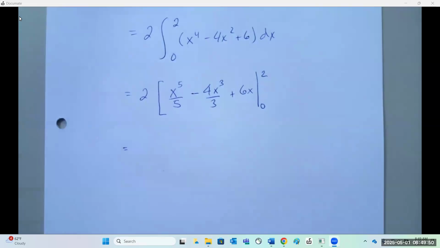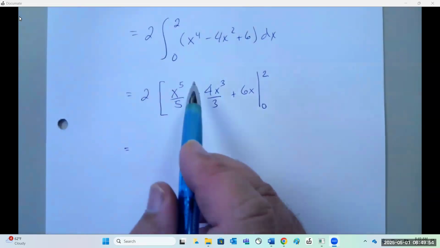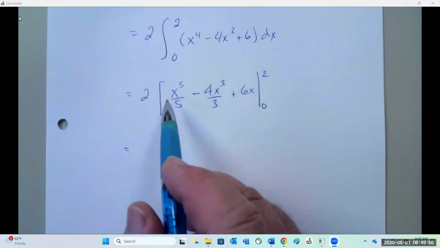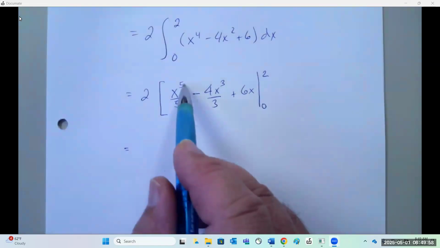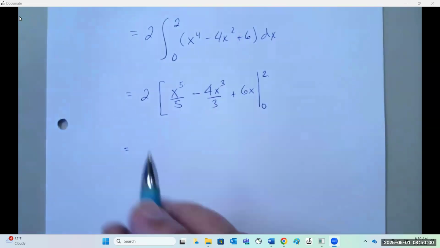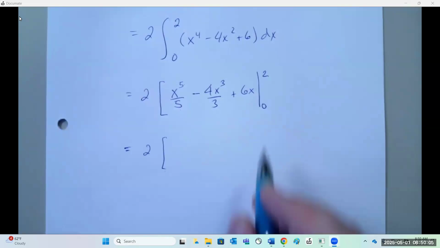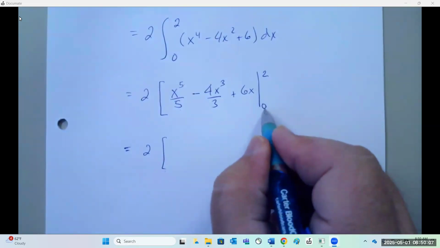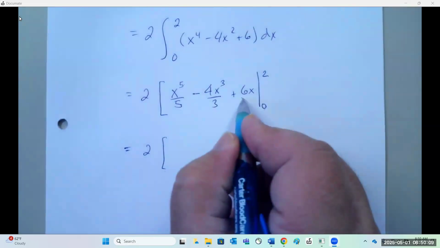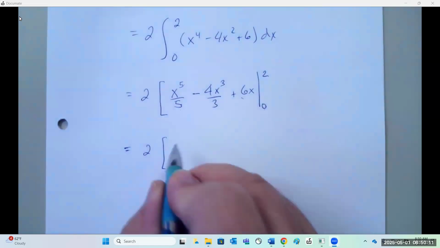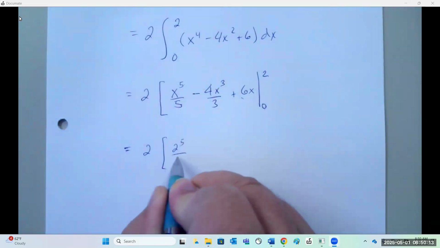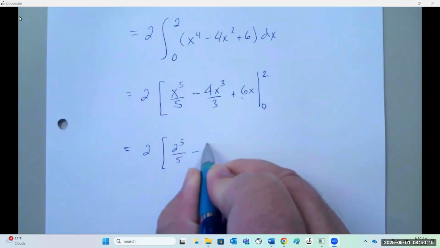With derivatives, we take one from the exponent. When we do integrals, we add one and divide by that same number. Since the bottom bound is 0, all of these are zeros, so all we have to do is worry about the top.